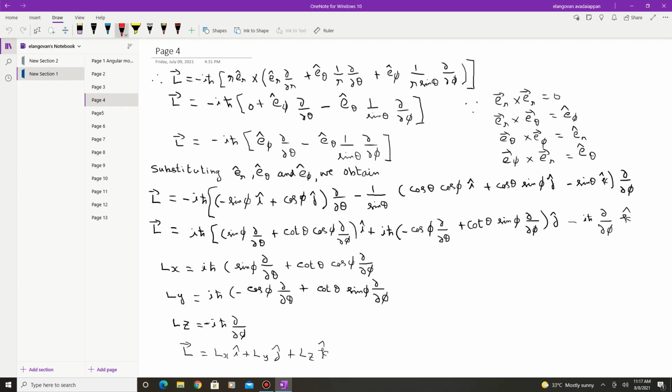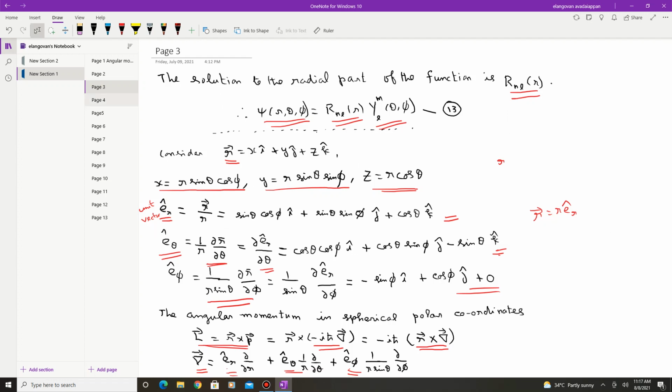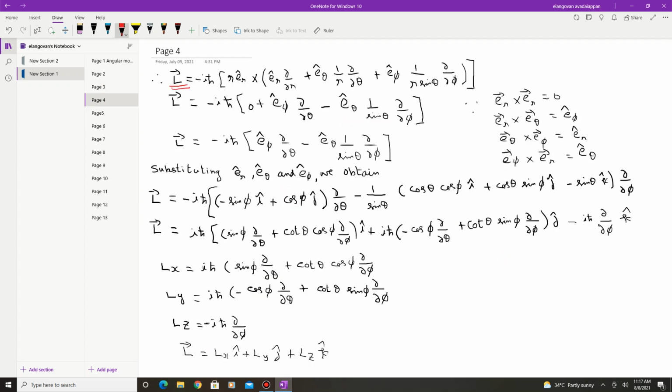If we substitute this into L equals minus h cross r cross del, we get the expression for L: L is equal to minus h cross r e suffix r cross, this is a cross product, e suffix r d by dr plus e suffix theta 1 by r d by d theta plus e suffix phi 1 by r sin theta d by d phi.